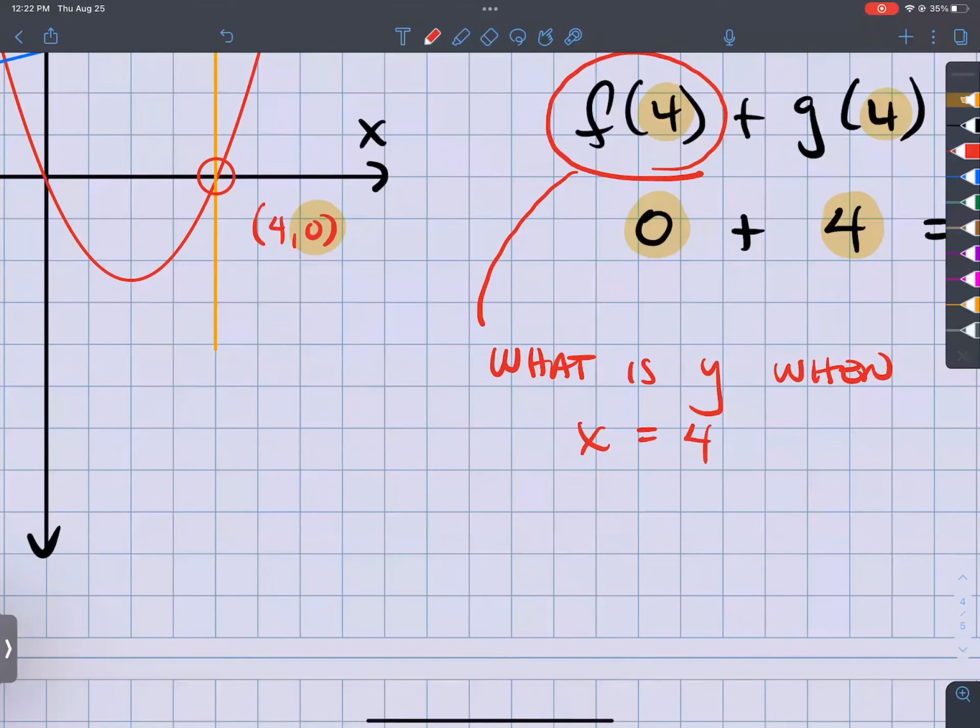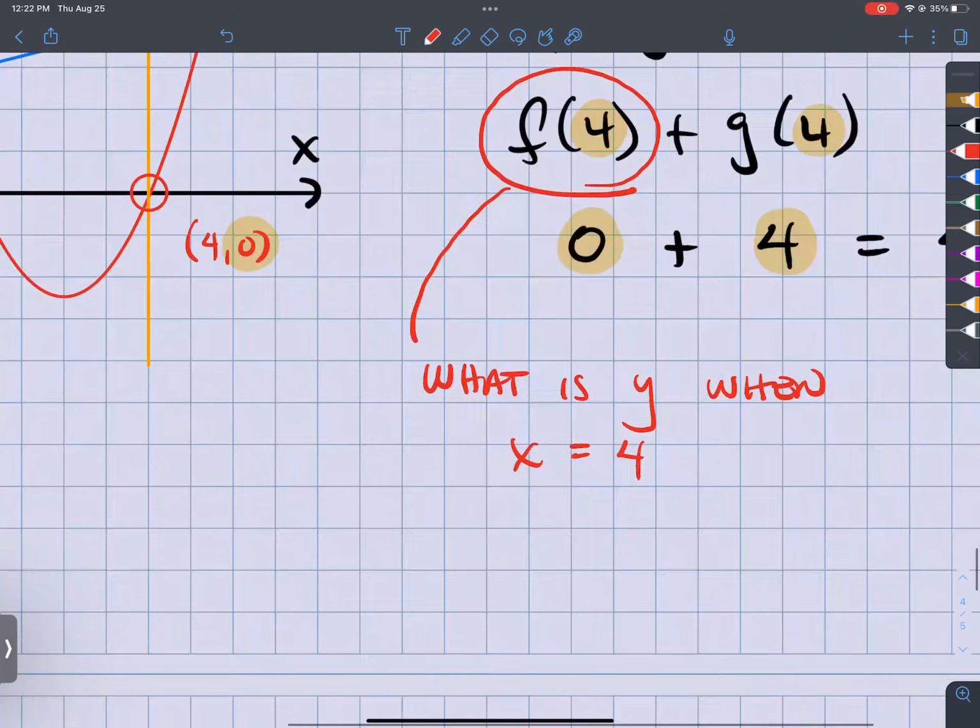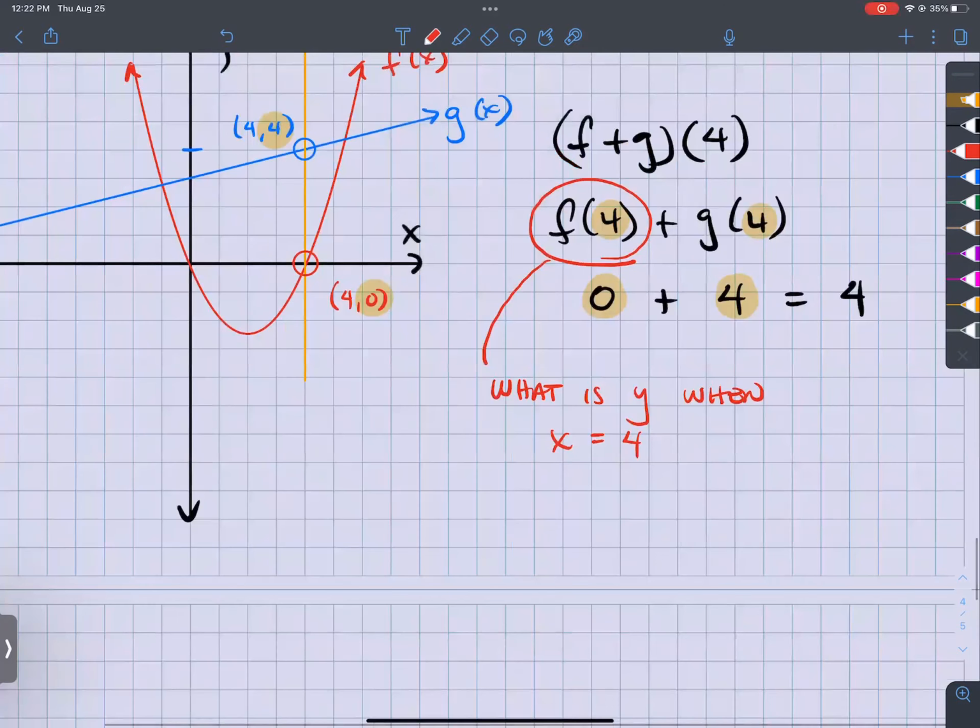That's the actual translation of it. What is the y value when the x value is 4? Is that better? Are we sure? Yes, it's much better. Much more positive. So we're good.